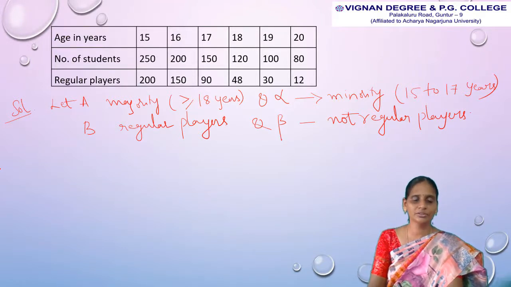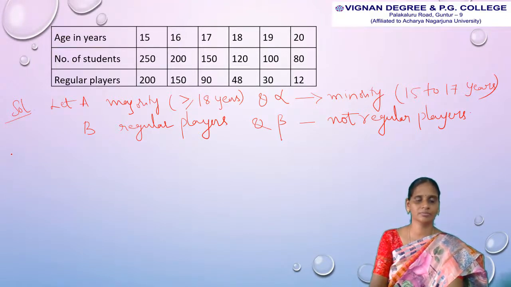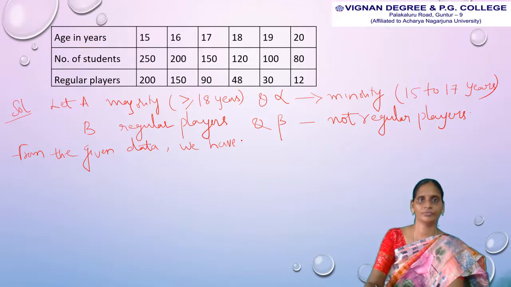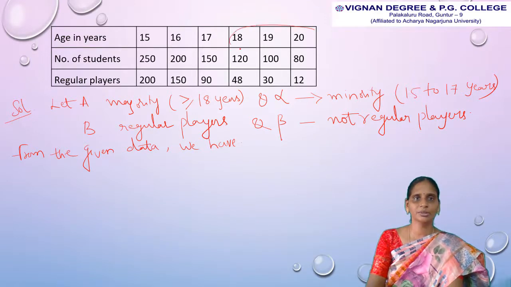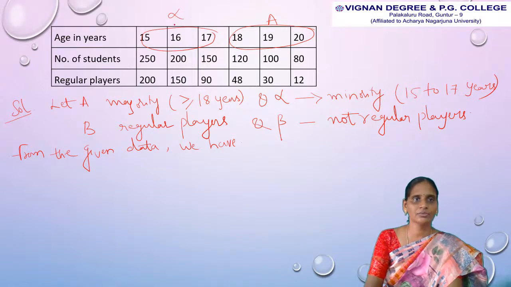Now the given values are, from the given data we have, so this can be denoted by A and this can be denoted by alpha and this is B.